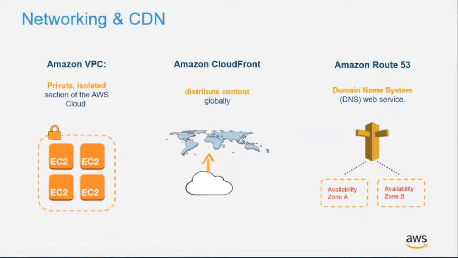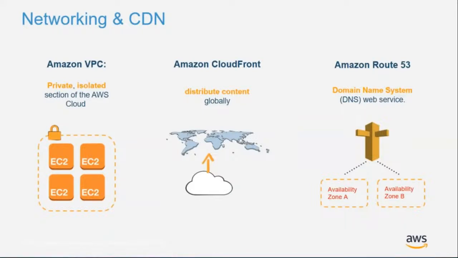It is your private isolated section in the public AWS cloud. You could do exactly what you do on premises today, or in any other infrastructure environment, using Amazon VPCs.